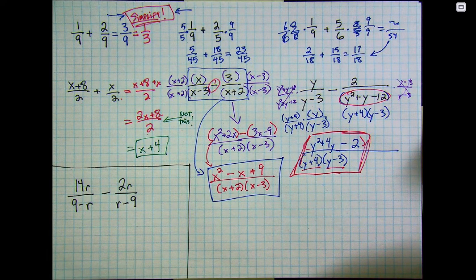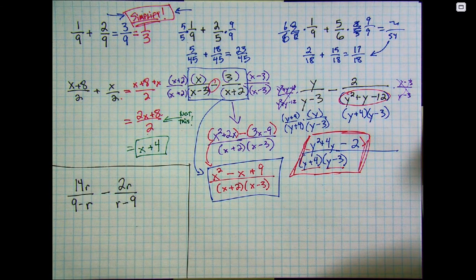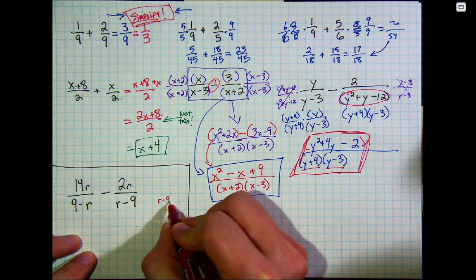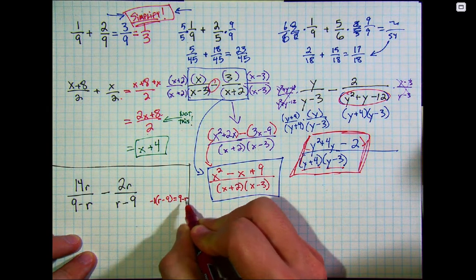I want you to take a pause for just a second, look at those two rational expressions, and ask yourself, do they have a common denominator? The answer is no. 9 minus r is different from r minus 9, but there's a trick here. Remember the trick. R minus 9 times negative 1 would be 9 minus r.